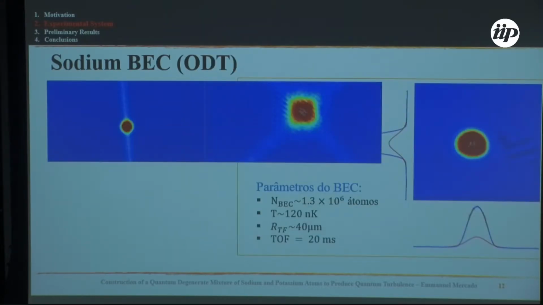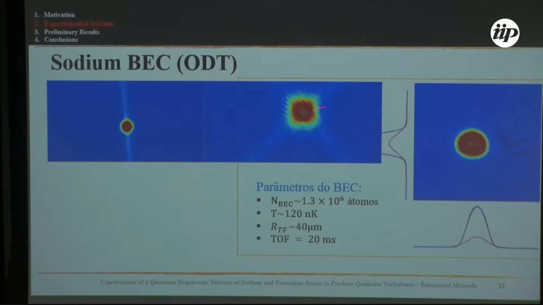But the problem is that in the next steps, we need to put in an interaction that depends on a strong magnetic field, like the Feshbach resonance. This is the reason we have to transfer our atoms into a pure optical dipole trap. This is how we see the sodium atoms in our optical trap.